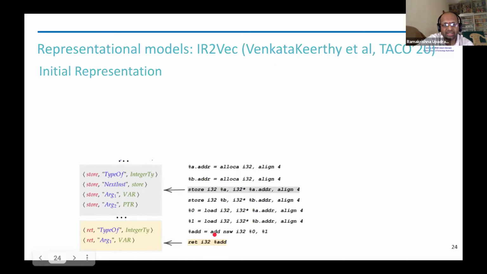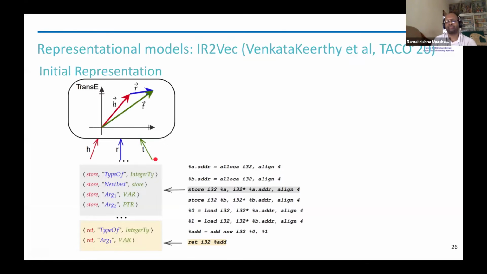These tuples are then sent to the TransE model. They give head, relation, tail, and the TransE model learns H plus R is equal to T.